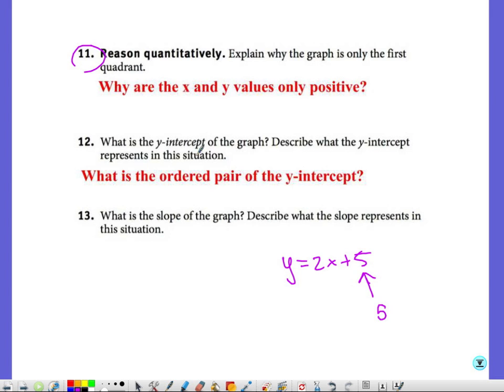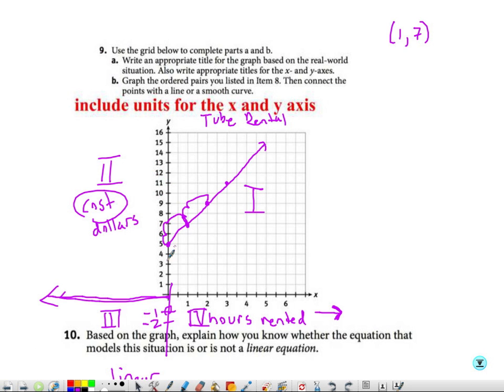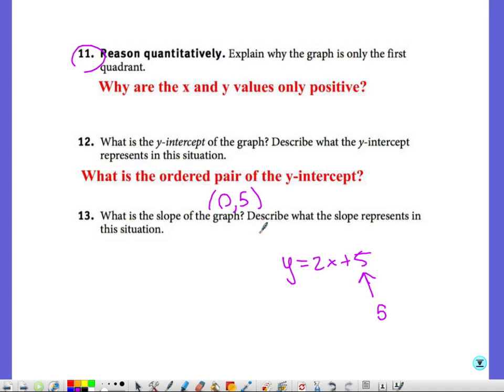Now, what is the ordered pair for the y-intercept? Well, we know that we have 5 here, and if we look at the graph, we can see that the ordered pair is (0, 5). So describe what the y-intercept represents. Well, remember, this is an xy coordinate.